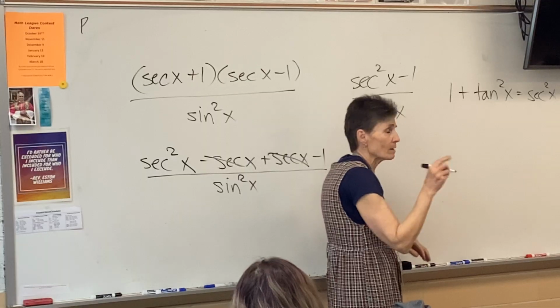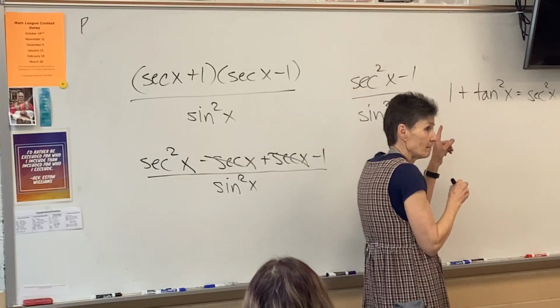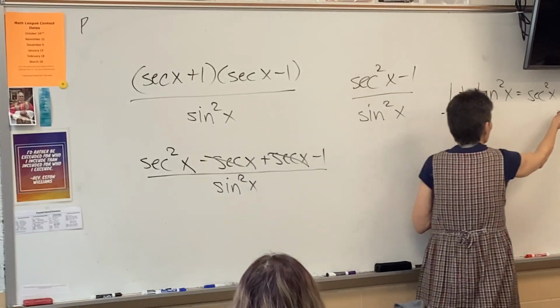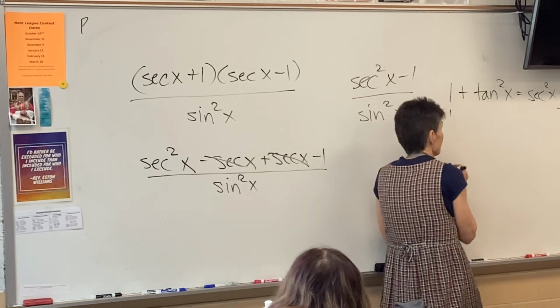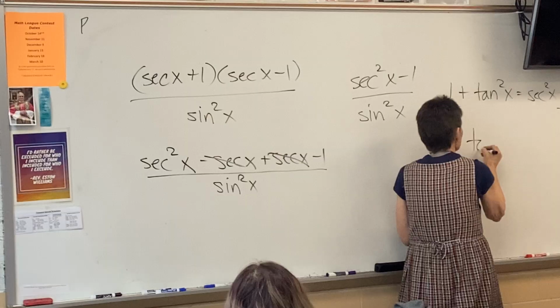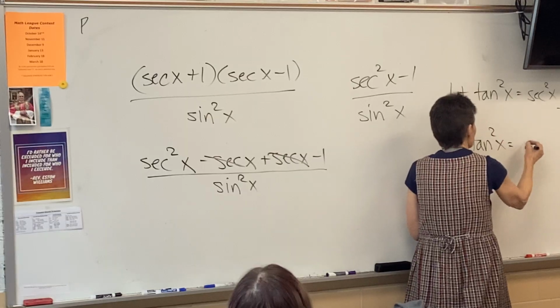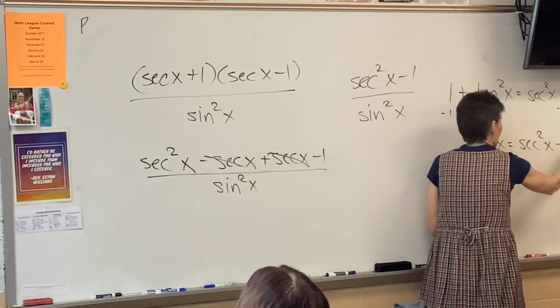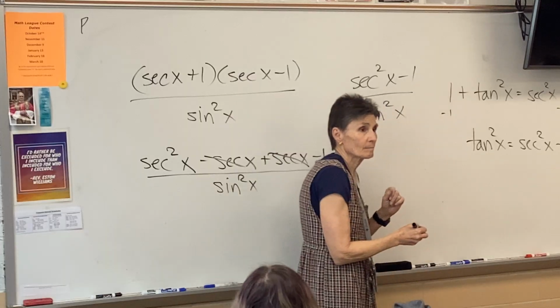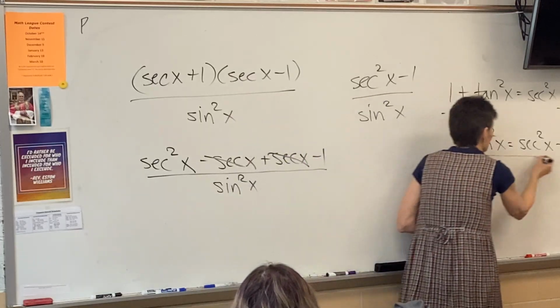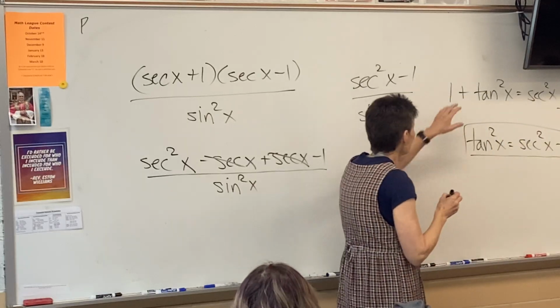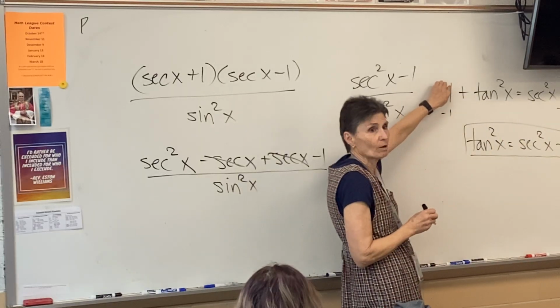All right, now, if I take that, which is on my green sheet, and I subtract 1 from both sides, what will it say? Tangent squared equals secant squared minus 1. Now you can add that to your green sheet if you want. It's the same as this, but it looks a little different.